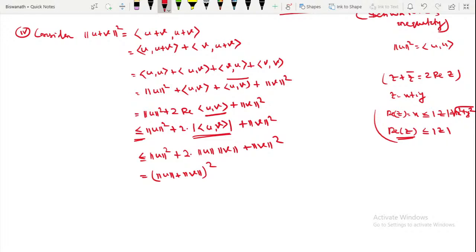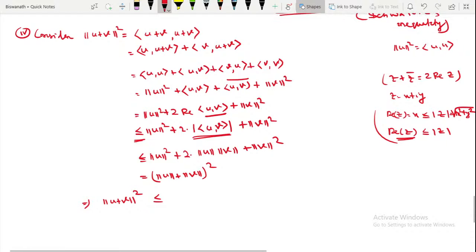So what we got here: norm of u plus v whole square is less than or equal to norm u plus norm v whole square.